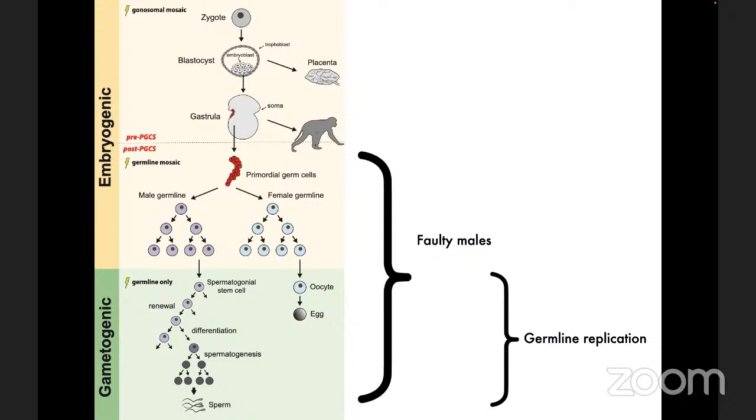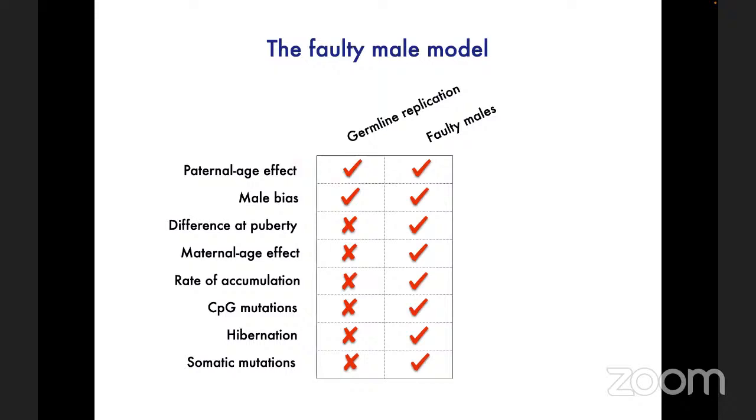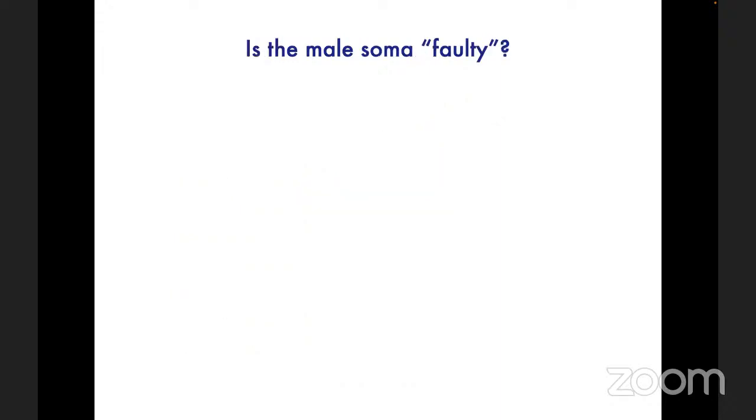So I'm going to spend the last few minutes talking about what that implies, right? If the faulty male model is true, that you have this difference in germline protection, in DNA error accumulation, starting basically after germ cell specification, what does that mean for lots of other phenotypes?